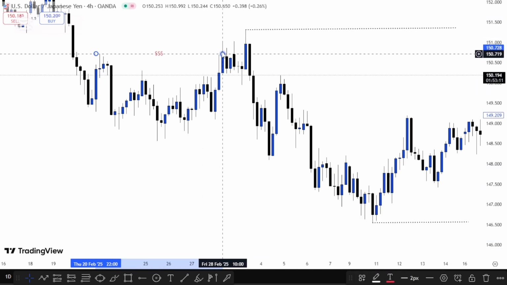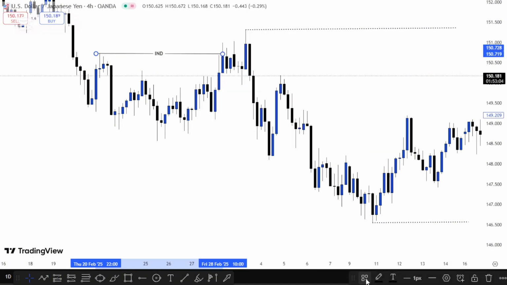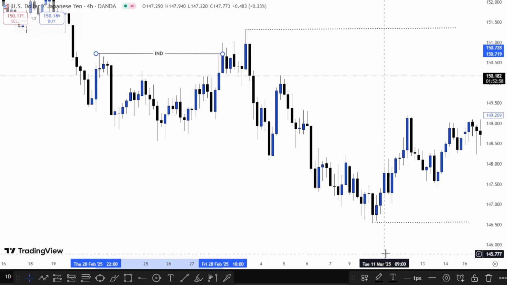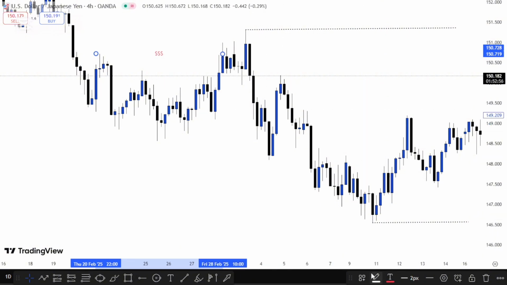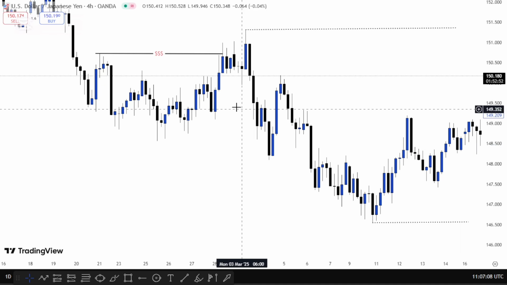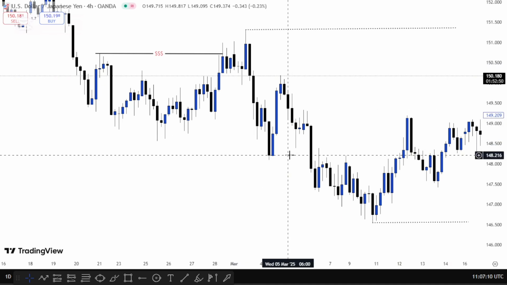Okay, so the market grabs liquidity and continues in the original direction which it broke out from. So that's a liquidity sweep.